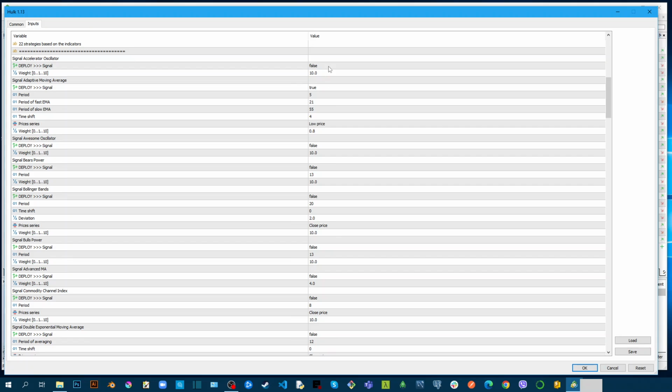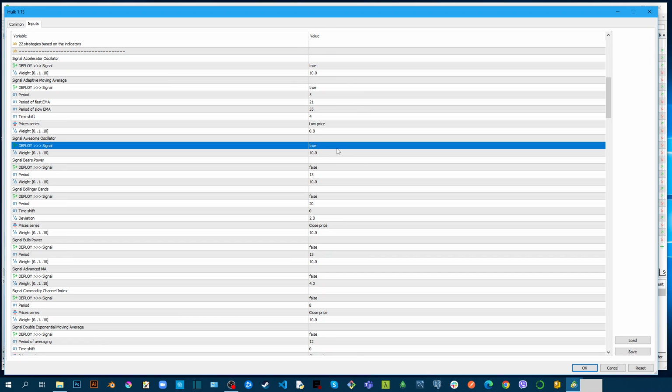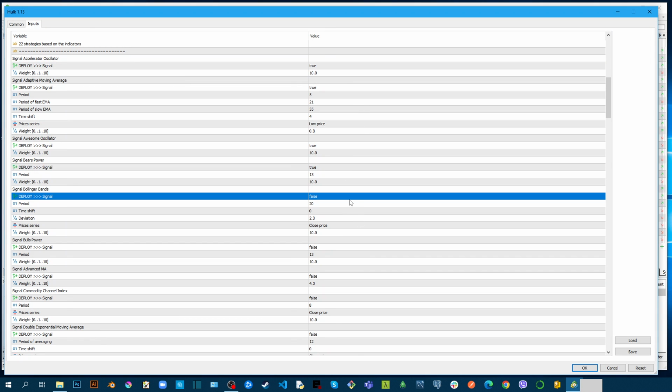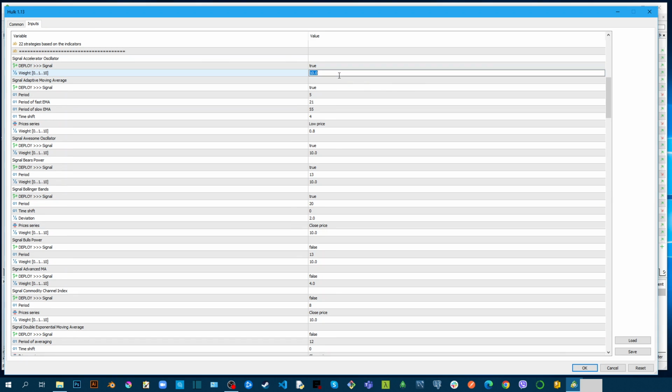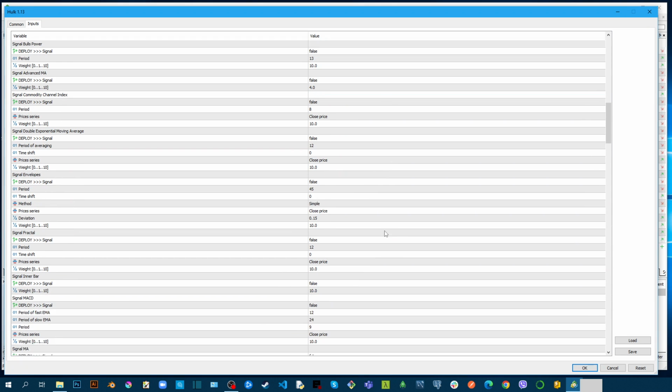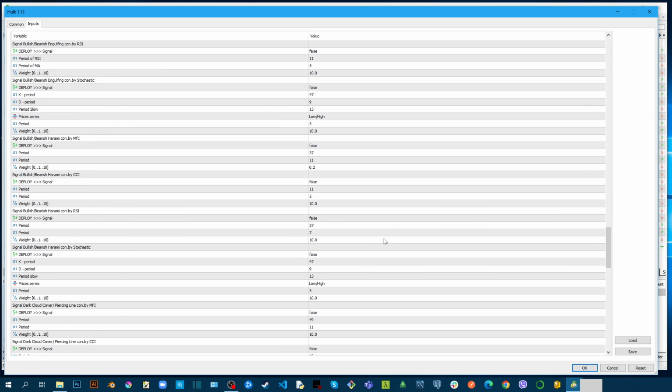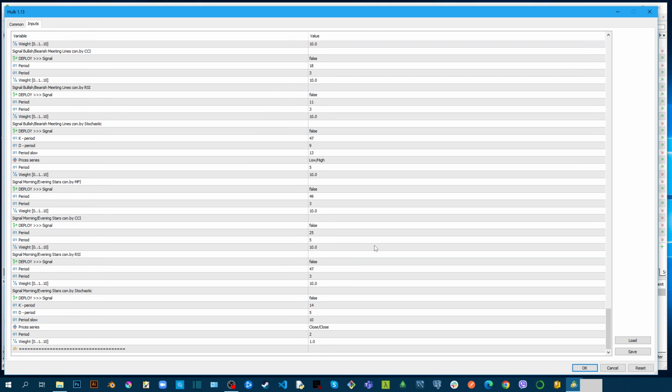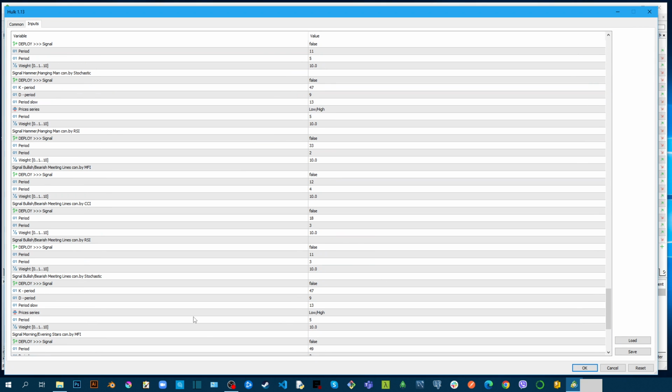Simply activate all signals here, make them true, and the weight input here must be 10 or higher. All the weights for these signals must be 10 and higher if you want to activate all 50 signals at the same time.